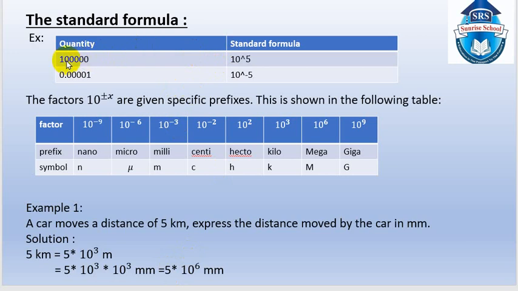As we see, we can write this number as 10 power 4 and this number as 10 power negative 4. This way of expressing the magnitude of a physical quantity is known as standard form.